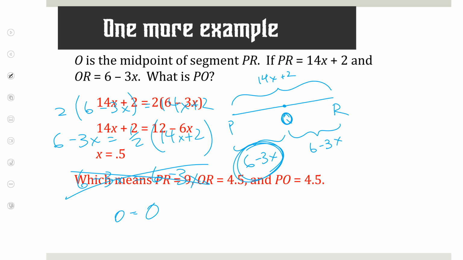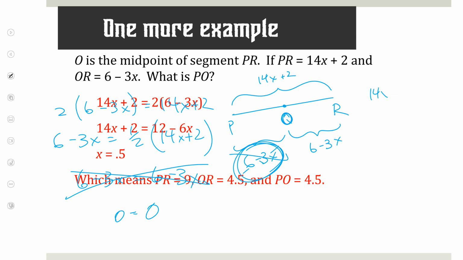See what I'm saying? You still need an equation there. What I'm hearing you say, Adam, is can't we take 14x minus 2 and subtract the quantity 6 minus 3x? Right? Yeah. You could do that, but that's not going to give you an equation. So what would we get here?